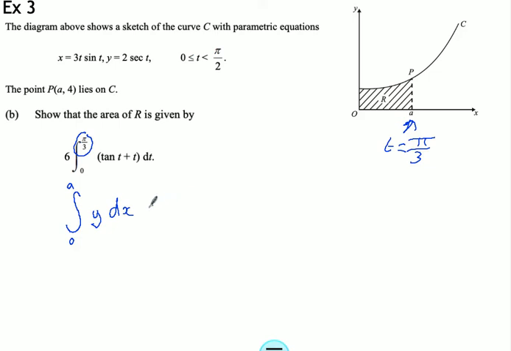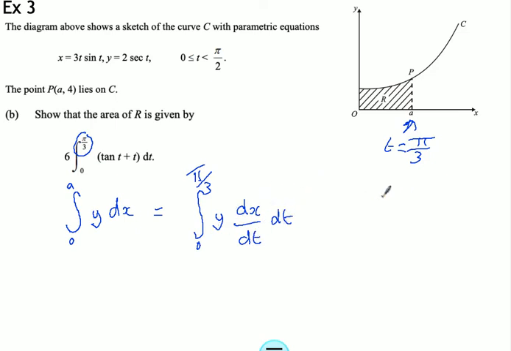Now, how could we make this so it is dt? Well, what we can do is we can change those limits to pi over 3 and 0, and we can say that this must be the same as this. We think the dt's will cancel each other out, leaving us with y dx.